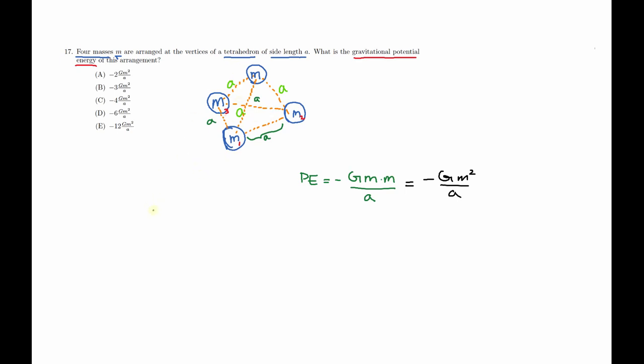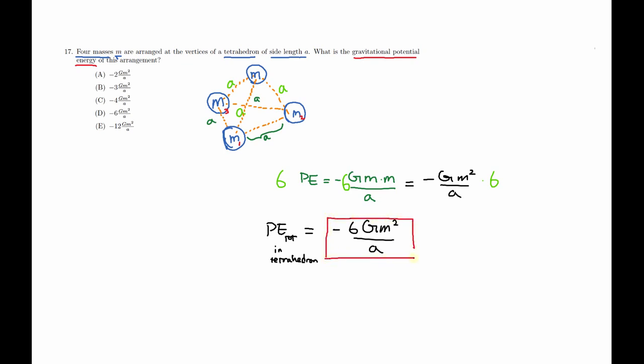So in this system I have 6 of these PE. That just reduces down to negative 6 G M squared over A. So the answer has to be D.